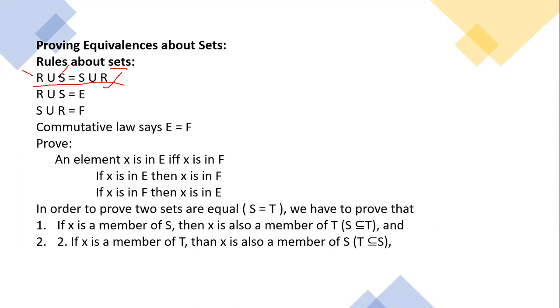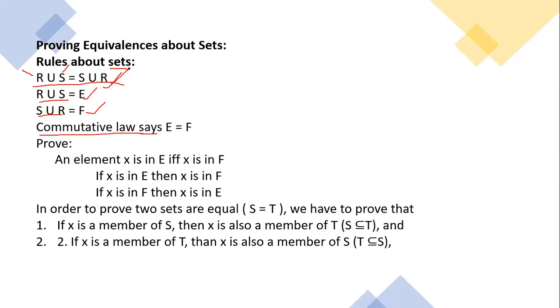Whether you say R and S or S and R, both are the same. If you say R union S equals E, and you assume that S union R is F, then with the help of the commutative law, we know, right, what is the commutative law?